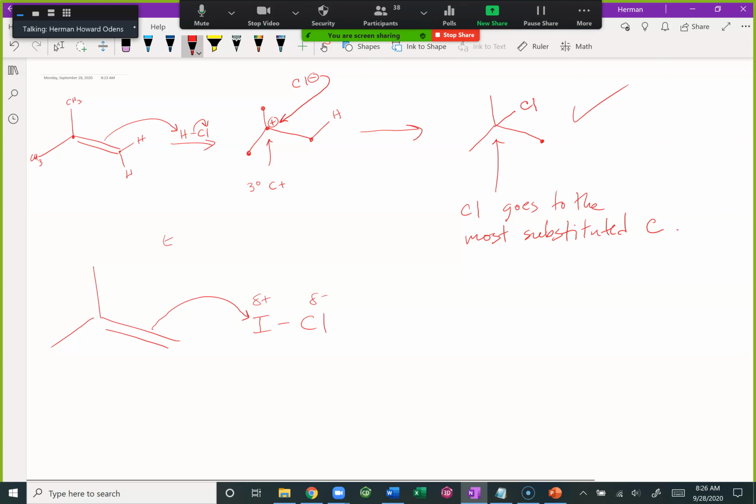Remember, we're doing this from electron rich to electron poor. Electron rich, electron poor. And so when you do that, your iodine will go here and your chlorine will attack the tertiary, in this case, tertiary carbocation.